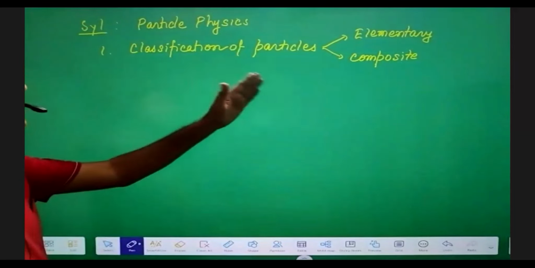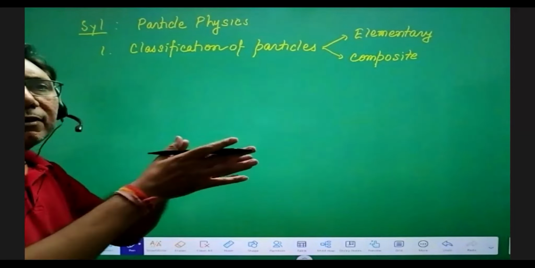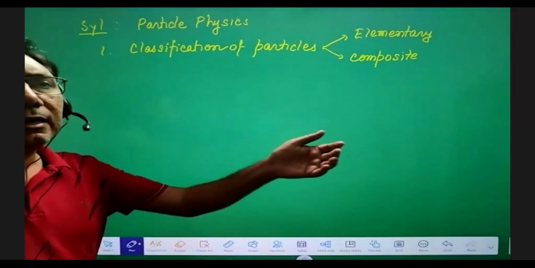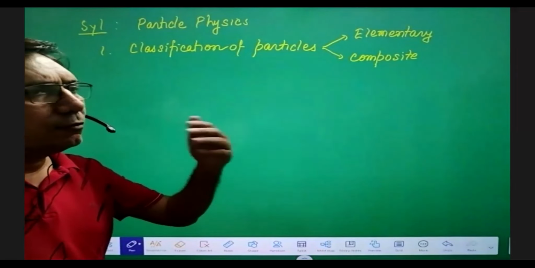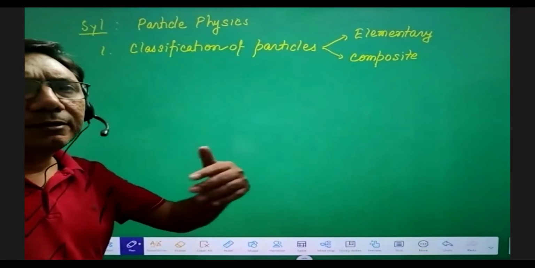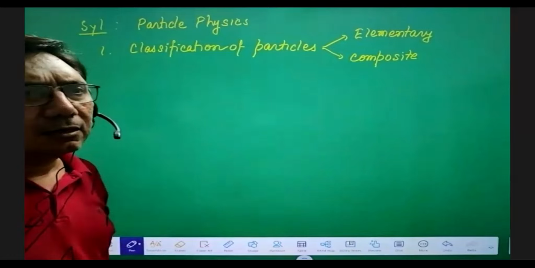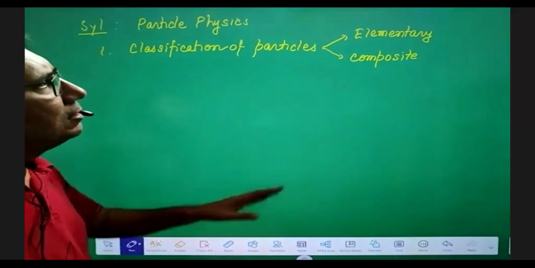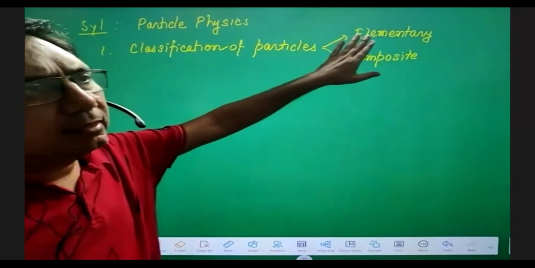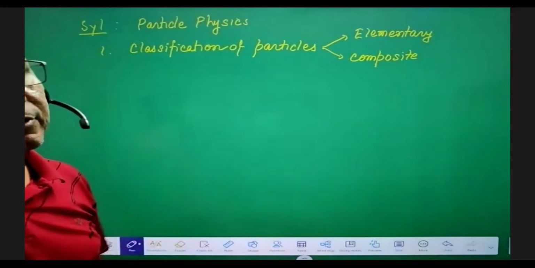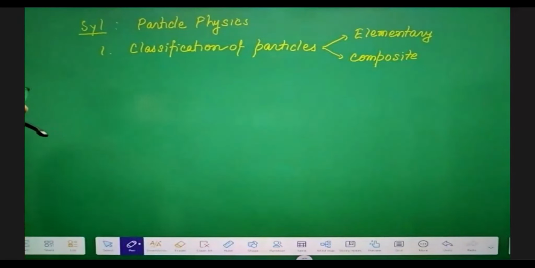So this is one way of classification where we are going to classify all the particles. Either they are leptons, photons, mesons, baryons, nucleons, hyperons, quarks. Basically, we are going to classify all these particles in 2 categories: elementary particles and composite particles. This is one way of classification.